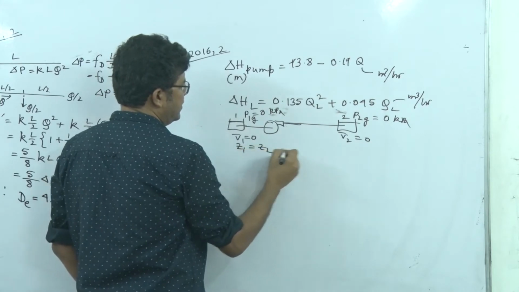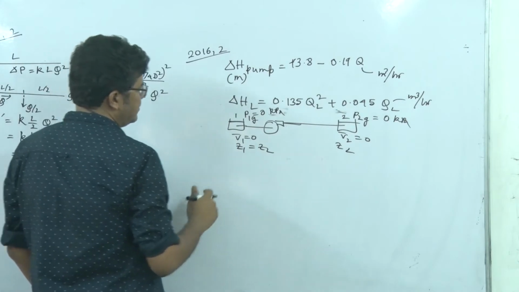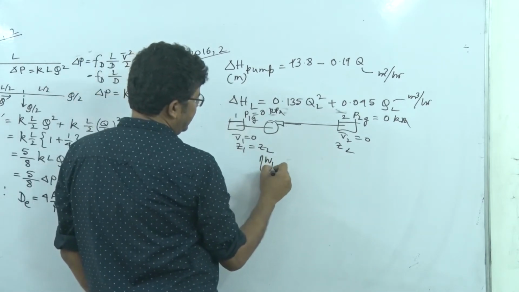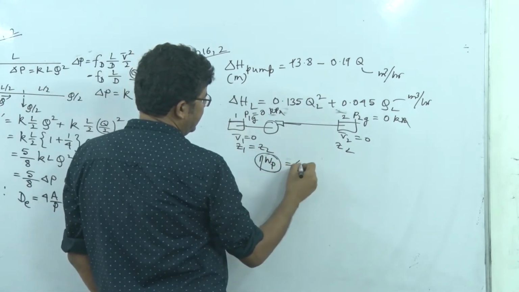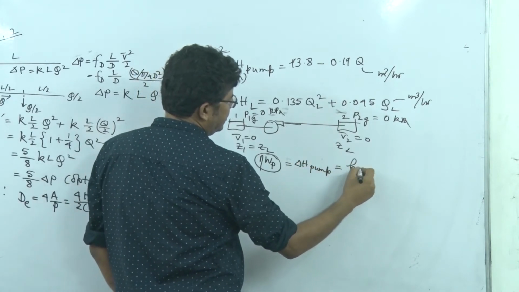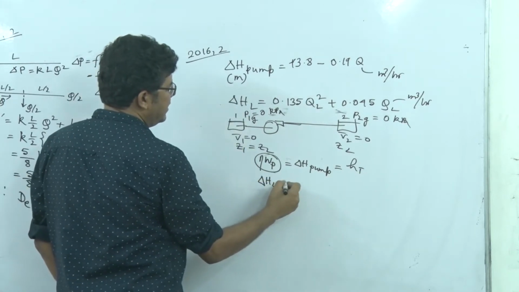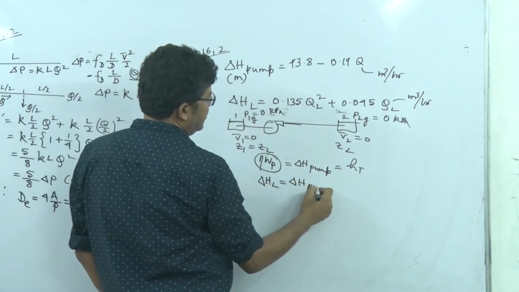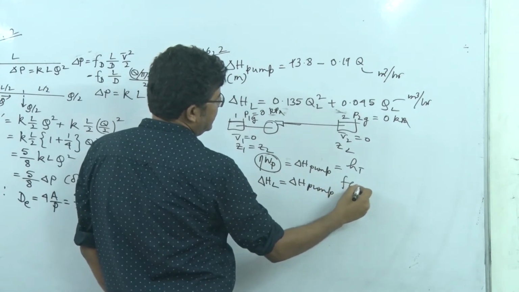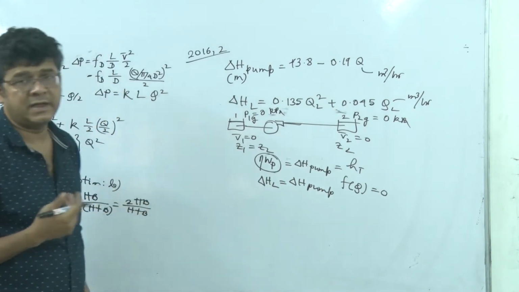Z1 is equal to Z2. So we get the head delta H pump. That is basically the head developed by the pump, and that must be equal to the head loss. So if we simply equate delta H L to this delta H pump, we will get a quadratic equation of Q equal to 0, and solving it we can solve for Q.